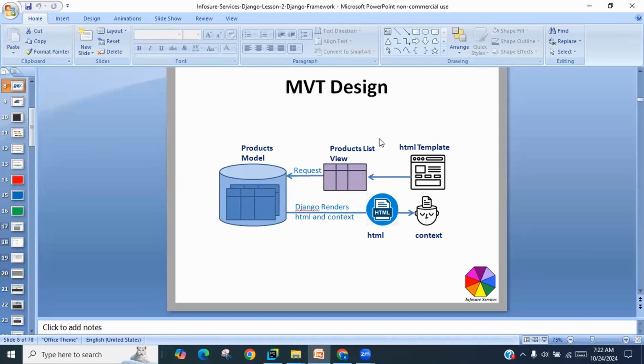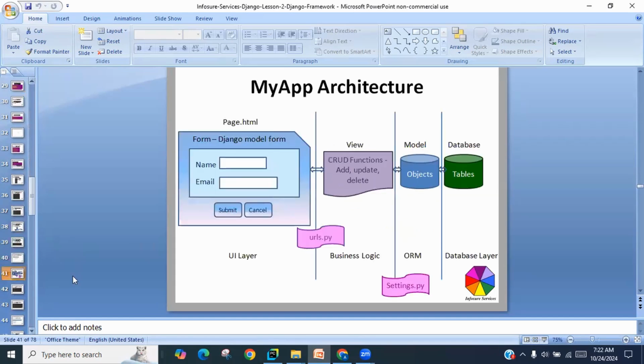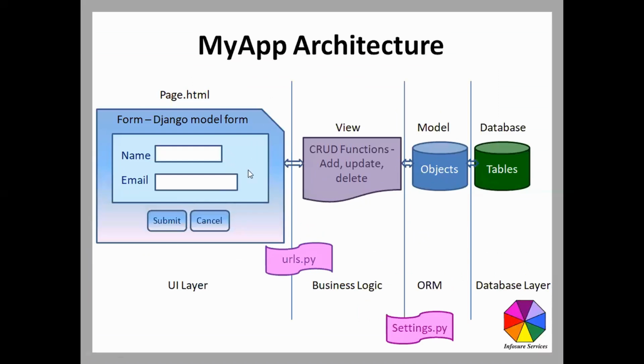We are yet to see what's there in the view. The CRUD operations are in the view, and then the template is HTML. So where is the diagram? Yeah, so model view template.